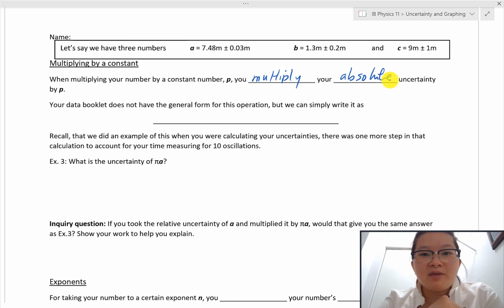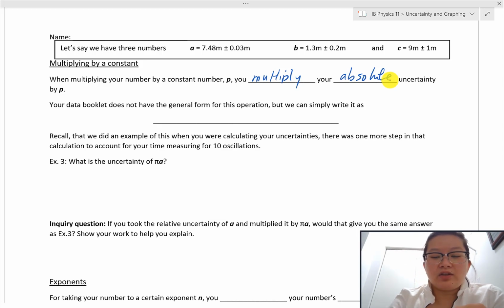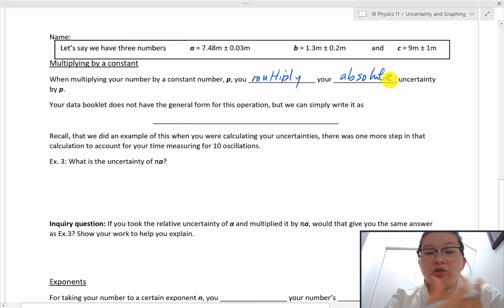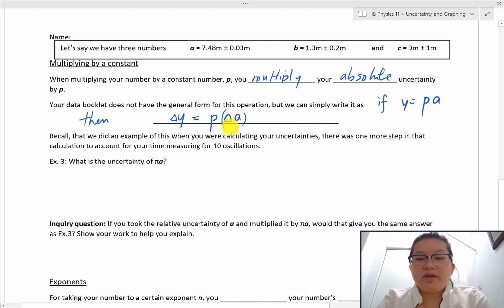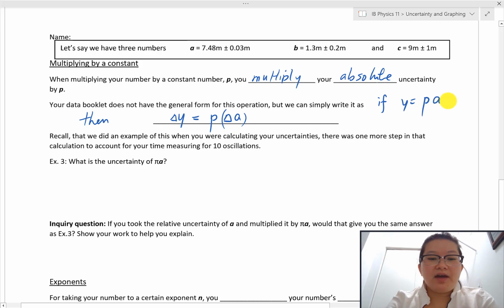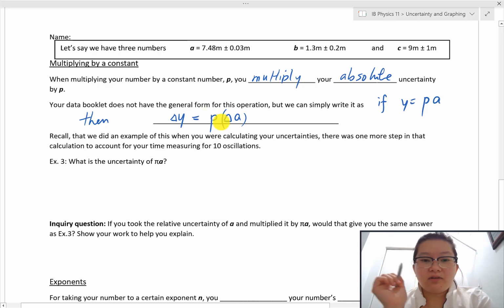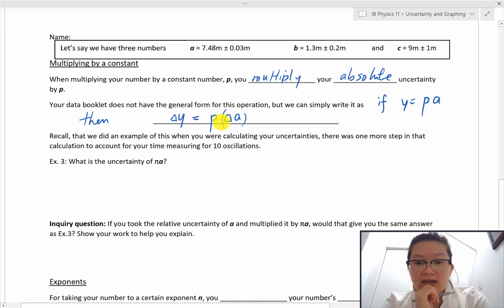Because the data booklet doesn't have that, we can use this function to show what that looks like. If y is equal to your constant times a value, then the absolute uncertainty of your y is going to be that same constant times your absolute uncertainty of a.